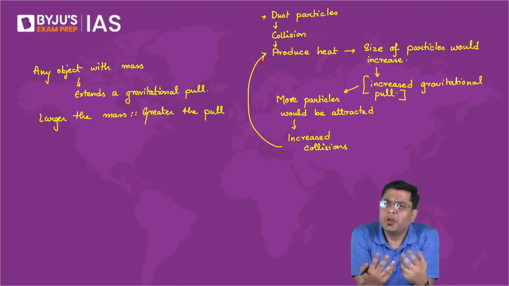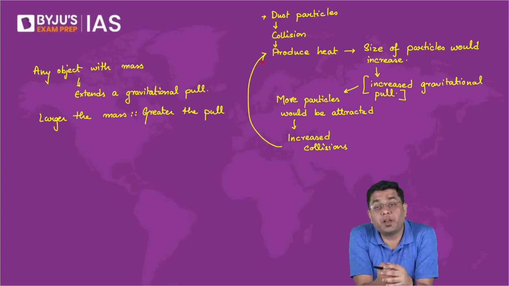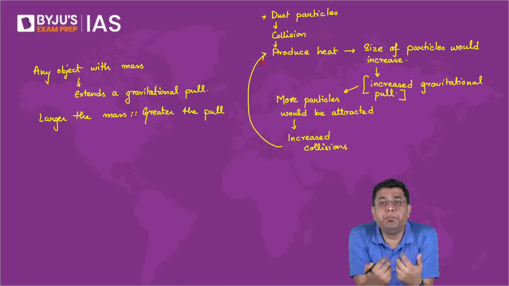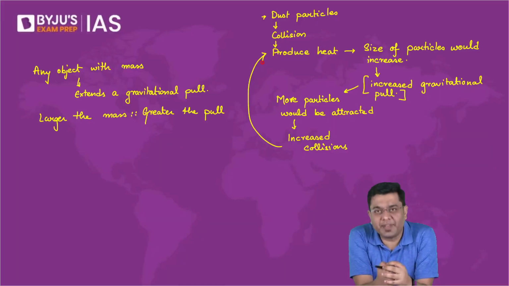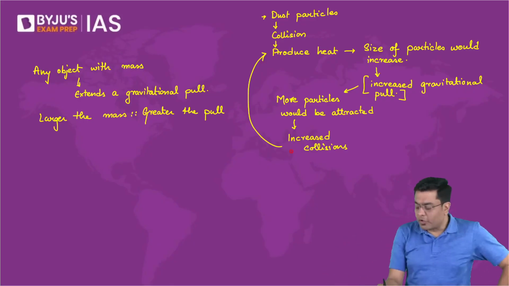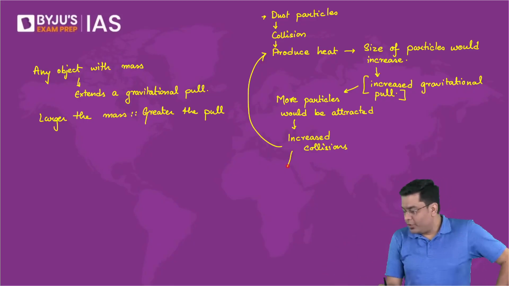So, such very large masses would be created rather than those dust particles. And those were referred to as the building blocks of the planets themselves. That is what is also referred to as a planetesimal. So, eventually, increased collisions led to the creation of planetesimals.